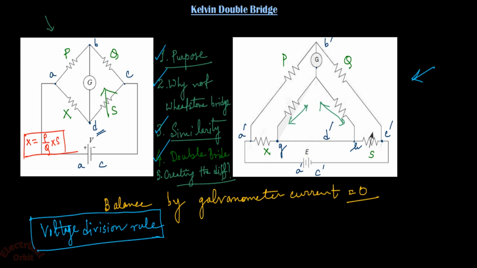Okay, so let us write the elementary equations of the Kelvin double bridge. That is, the voltage across this branch, we can write V A dash B dash is equal to the voltage across V A dash G.